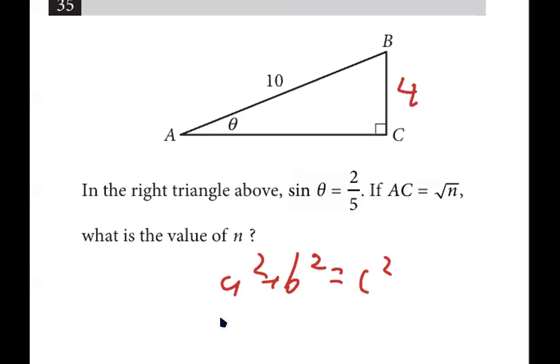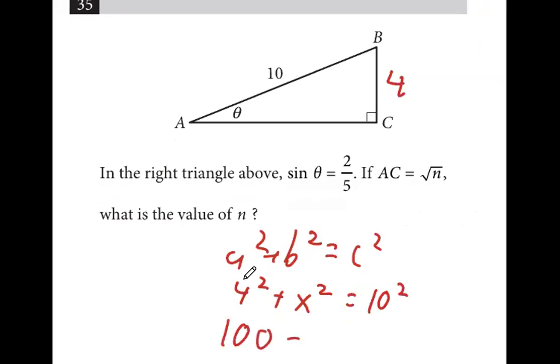In this case, this would be 4 squared plus some value squared equals 10 squared. This would be 100 minus 16 equals x squared. 100 minus 16 is 84.